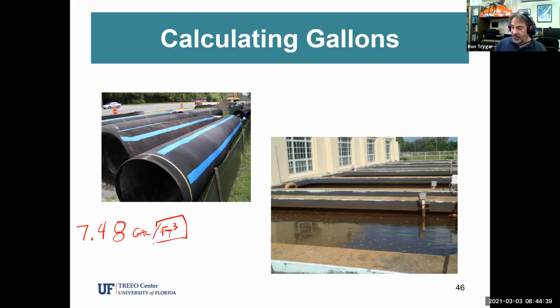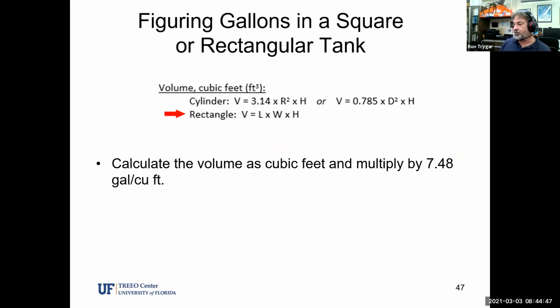Now we already did the cubic feet. We worked that out together. Now we have to multiply by 7.48. So let's start practice with that. So gallons in a square or rectangular tank. The question on the table now reads, calculate the volume as cubic feet and then multiply it by 7.48 gallons per cubic foot.